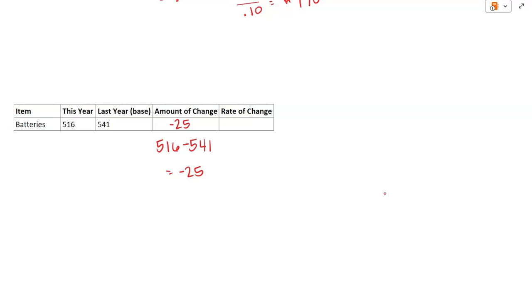Okay, and then to calculate the rate of change, you take your portion over your base. So we have to figure out what our portion is and our base. The amount of change is our portion, and the base is our original year, or our base year, which is in this case 541.